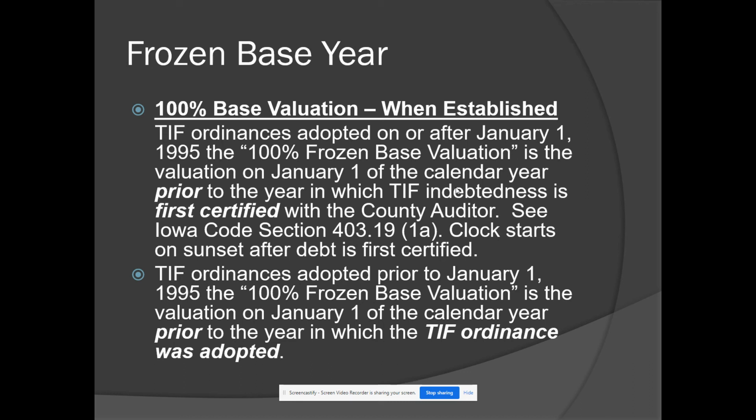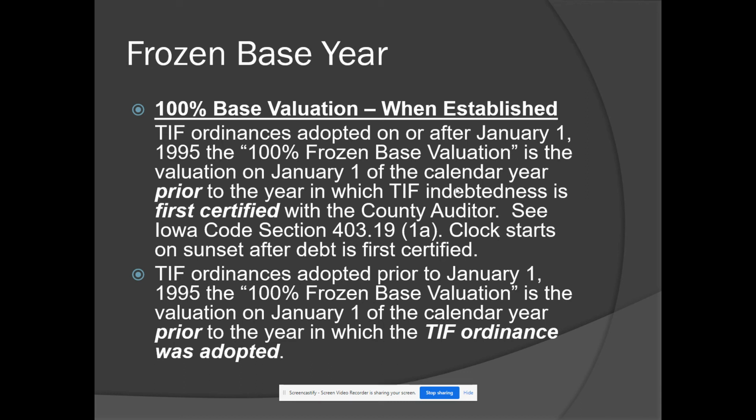So for those TIF ordinances, the certification of debt by the TIF authority is what really sets that frozen base year. And that would establish the first year revenue is generated and received, and that 20-year clock in this example.